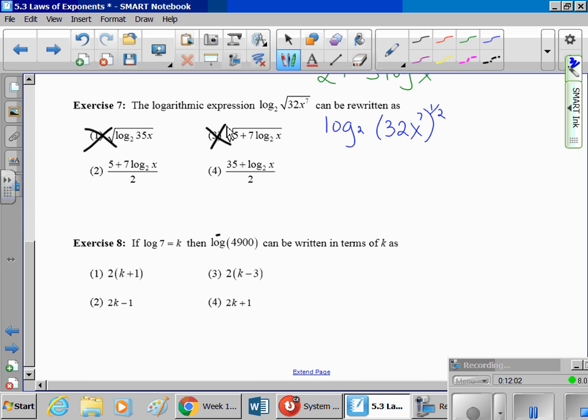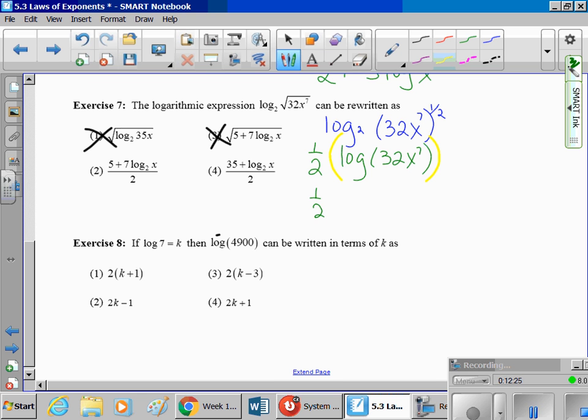So because the whole thing is raised to the 1/2, we can use our power law and we can kick that out front. So 1/2 log of 32x to the 7th. I'm going to remind you that the 1/2 applies to everything behind it. All right? So now we're going to do something with this.